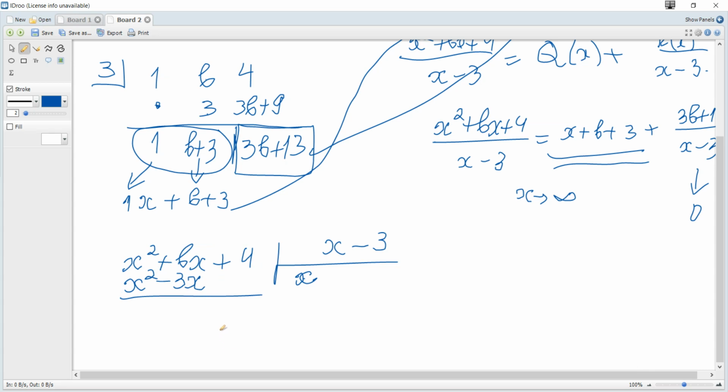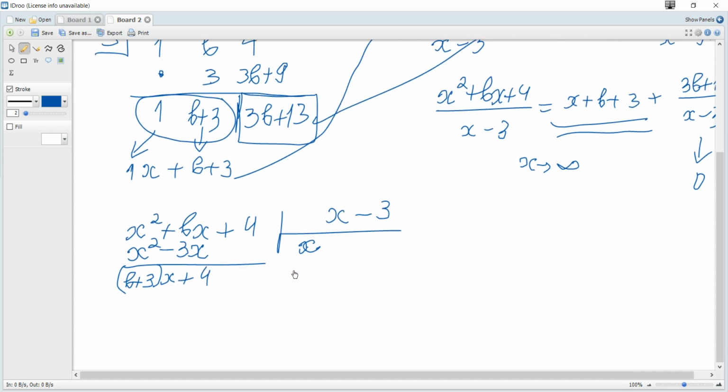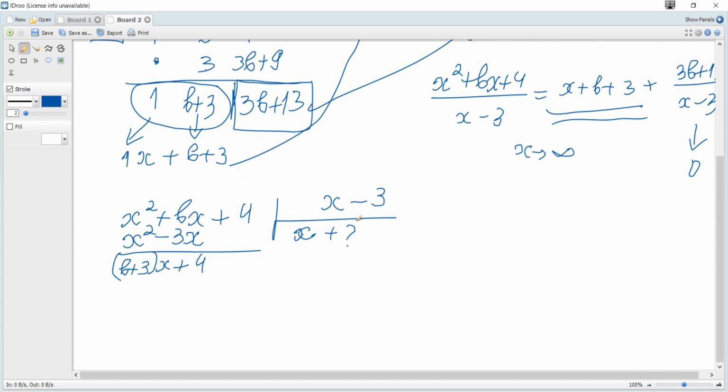It is equal to b plus 3 x plus 4. And again, I need such a value that if I multiply by the greatest power here, I should get a term which is equal to the greatest power here. So it's plus b plus 3.